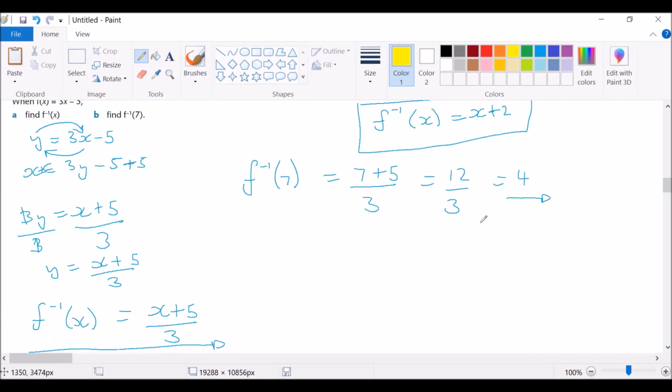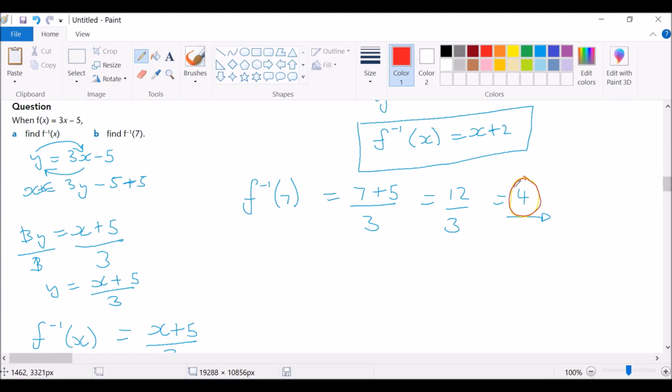Okay, let's do it once again for the previous example. We have our inverse f to the minus 1 of 7 being 4. So if we take this 4 and put it into f of x, we should get 7.